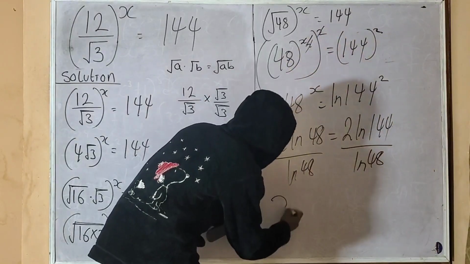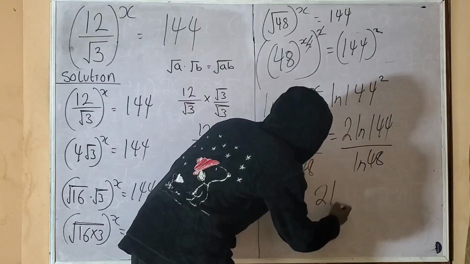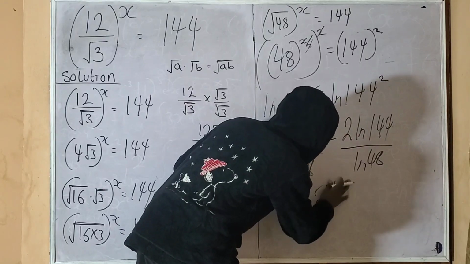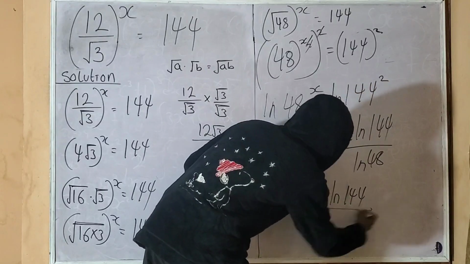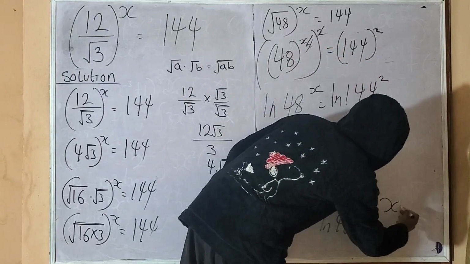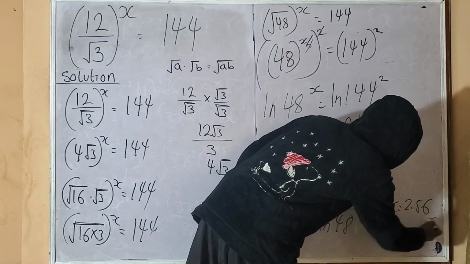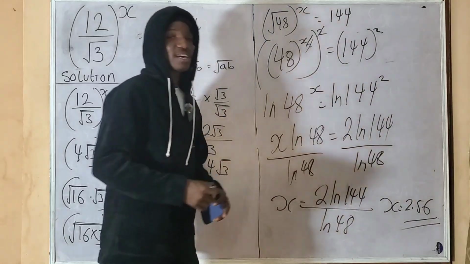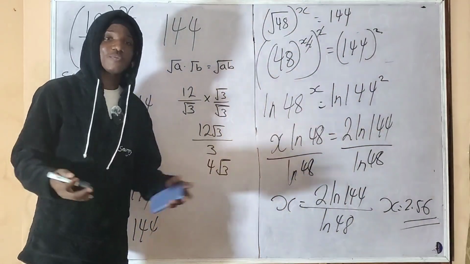So x will be equal to 2 ln 144 divided by ln 48, right? So x will be equal to 2.56, which is the final answer. That is the approximate value of x.